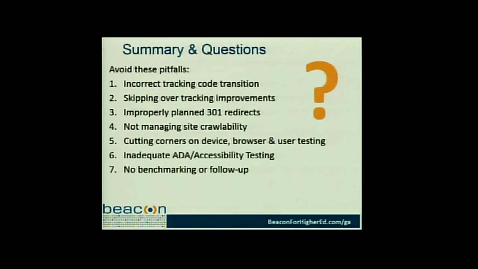Quick recap of these pitfalls to avoid: incorrect tracking code transition, skipping over the tracking improvements, not planning the 301 redirects correctly, not managing site crawlability at all or not much, cutting corners during testing, accessibility testing being inadequate, and then no benchmarking or follow-up.